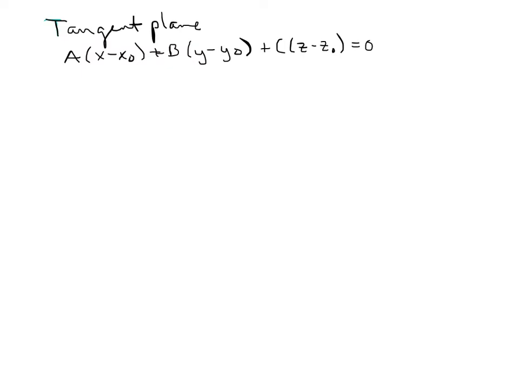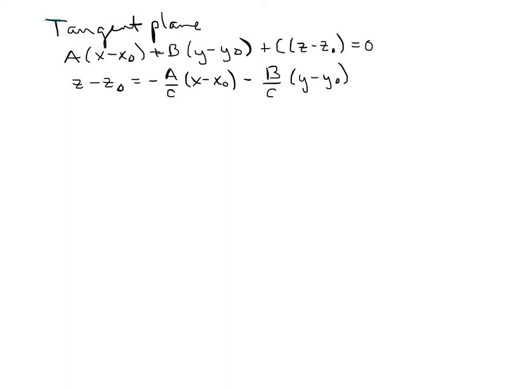If I solve for z minus z naught, I would have to subtract over a, divide it by c, and that would be multiplied by x minus x naught, and I'd have to subtract over b, divide it by c, and that would be multiplied by y minus y naught.